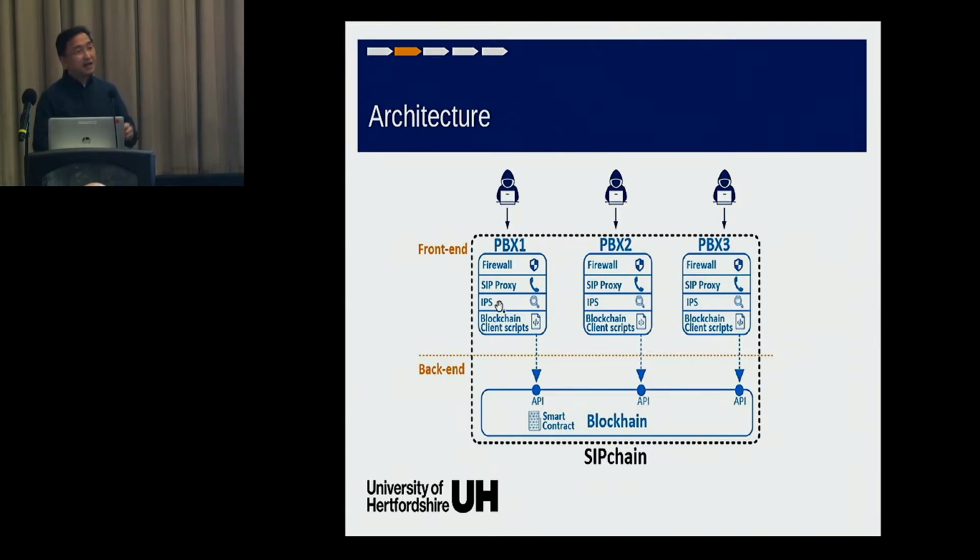And then the IPS needs to be able to scan the log and pick those up: something was trying to exploit this account, maybe too many failed login attempts or something like that. The blockchain scripts will then capture the source IP address and send it to the blockchain, right? And then the other PBXs retrieve this information.